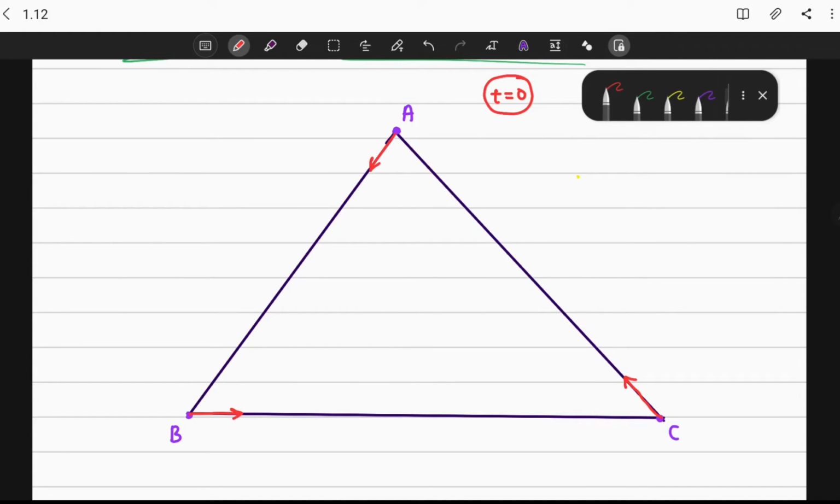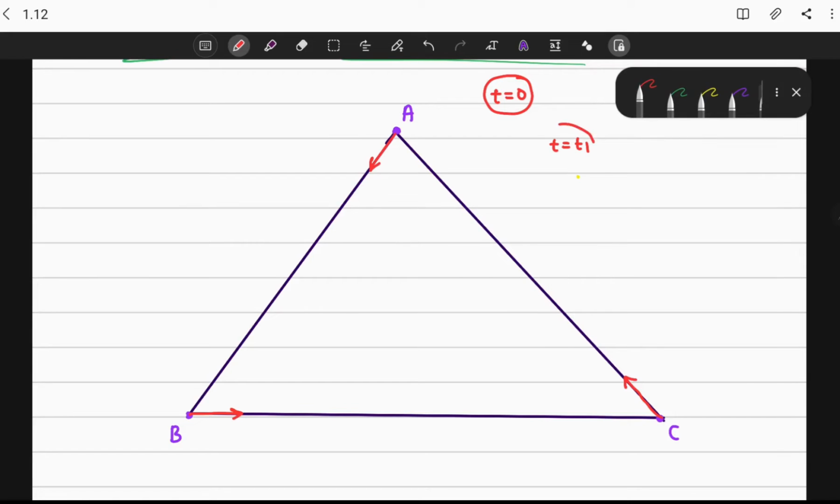Let us say after time t equal to t1, point A has moved by a certain distance, reaching this point, and this length is very small.